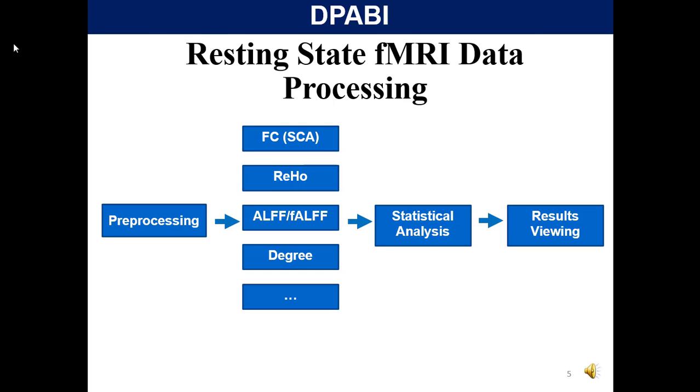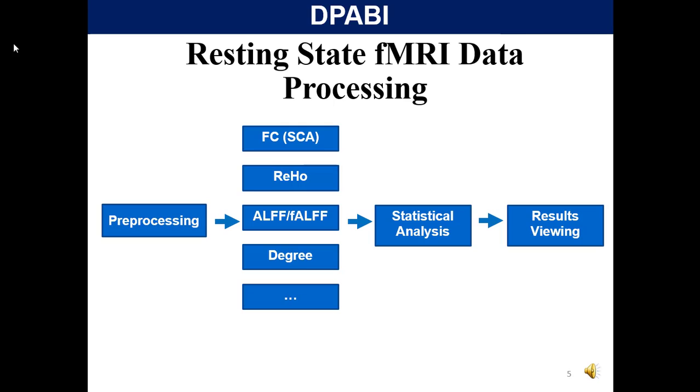Afterwards we need to perform multiple comparison correction, which is a very critical question nowadays. Finally, we do the results viewing: we view our results and see where the significant results are. Based on the significant results, we build some tables, make some pictures, and finally write a paper.